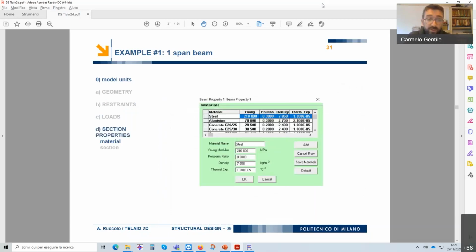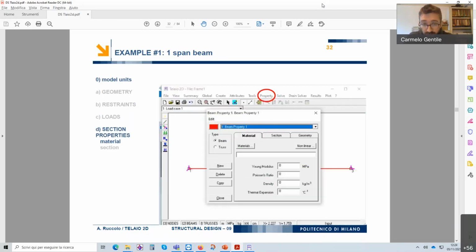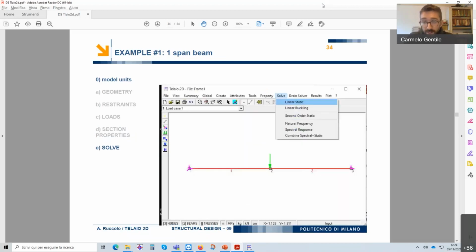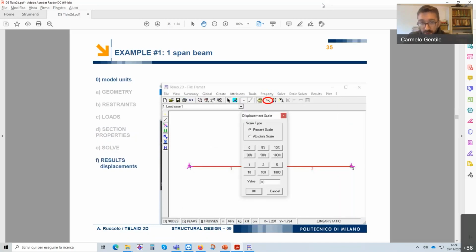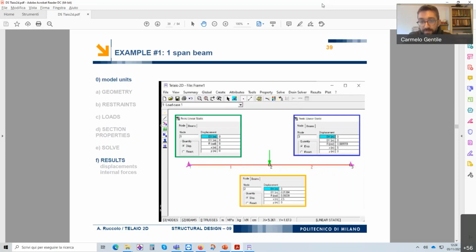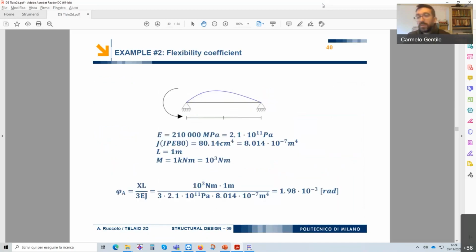Finally, definition of section properties in terms of material and of sections. And then the resolution was quite trivial, the menu solve, linear static, and the investigation of the results can be done in terms of deformation, in terms of internal forces, and in terms of displacement and forces applied locally in the nodes or in the beams.